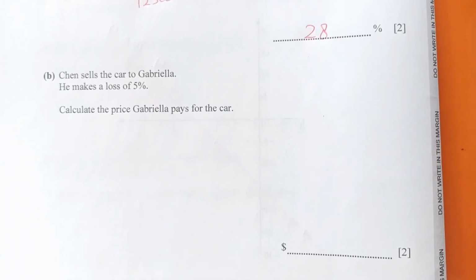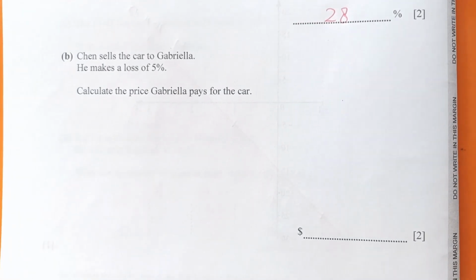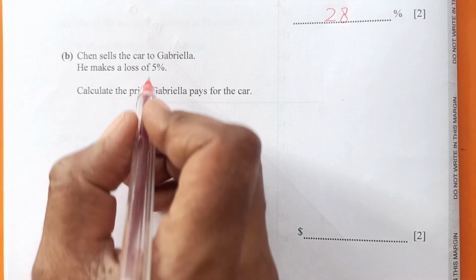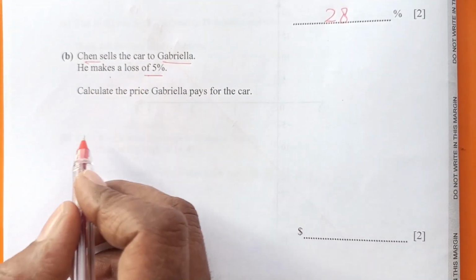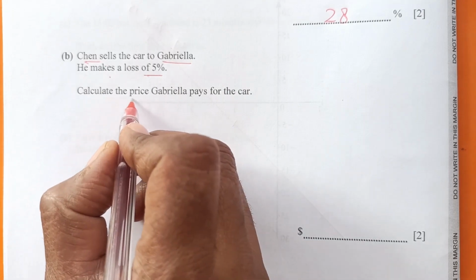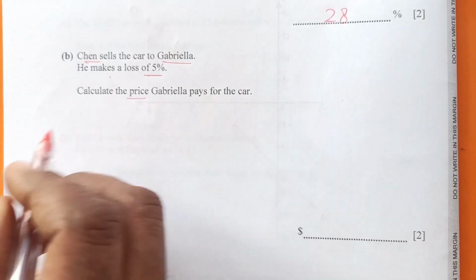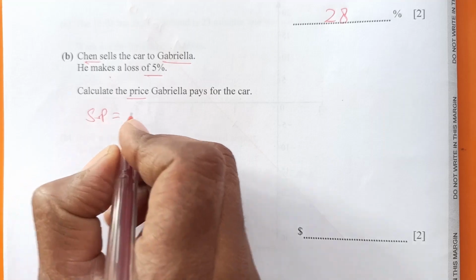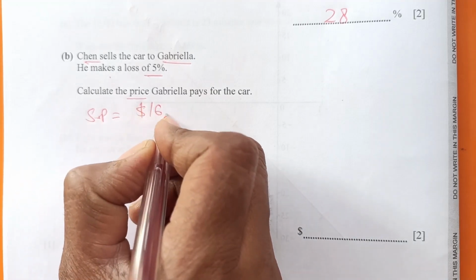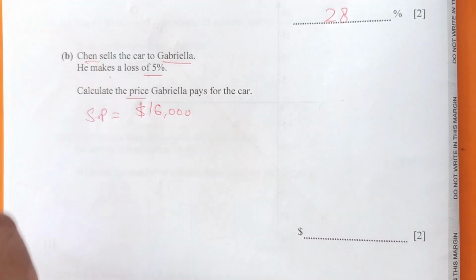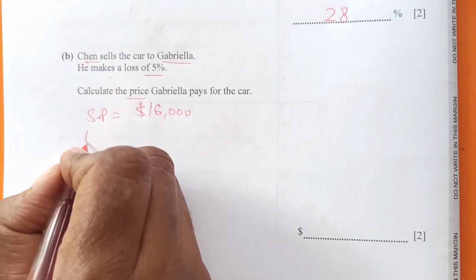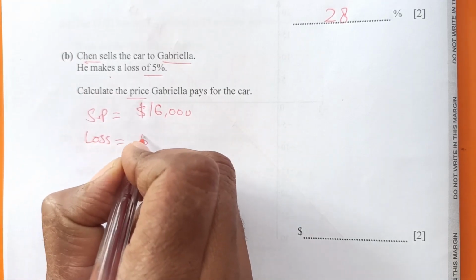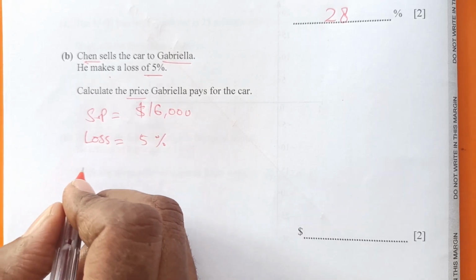Part B. Chen sells the car to Gabriela. He makes a loss of 5%. Calculate the price Gabriela pays for the car. So the selling price was $16,000 by Mia. Then the loss is 5%, so 95.